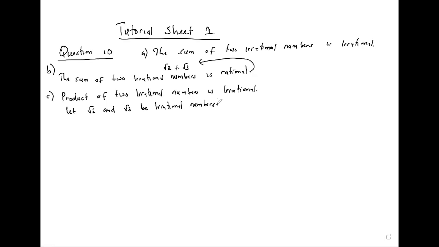Then you want to check the product. So suppose that root 2 times root 3 is equal to a over b, where b is non-zero, a, b are integers, and a, b are coprime.